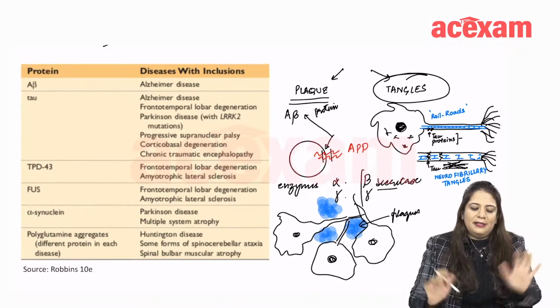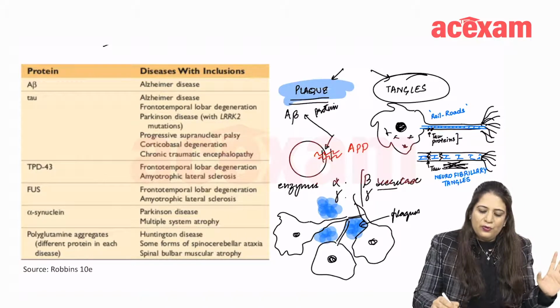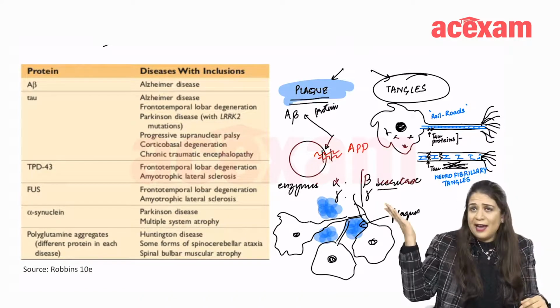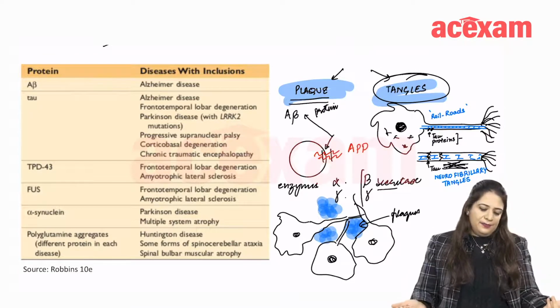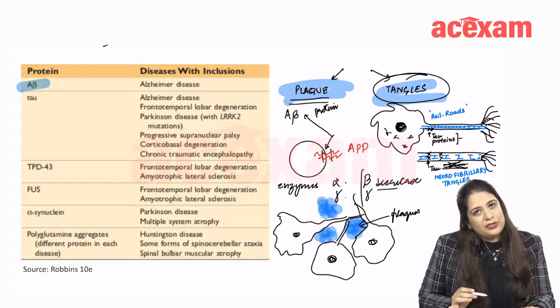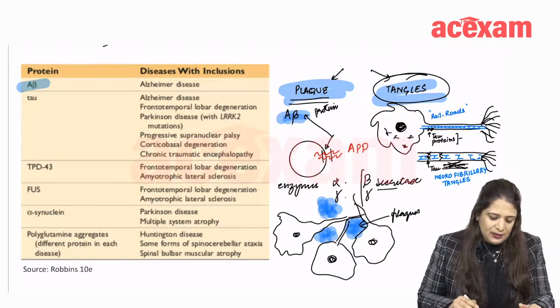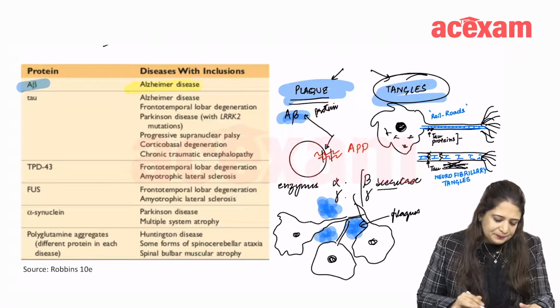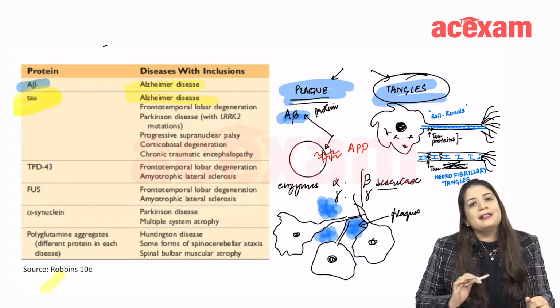So remember, in Alzheimer's there is plaque deposition and there is also tangle deposition, and they are seen in Alzheimer's disease. A beta protein deposition is the one which is responsible for plaque formation in Alzheimer's disease. Then tau protein, this is again a Robbins table, is not just seen in Alzheimer's disease.